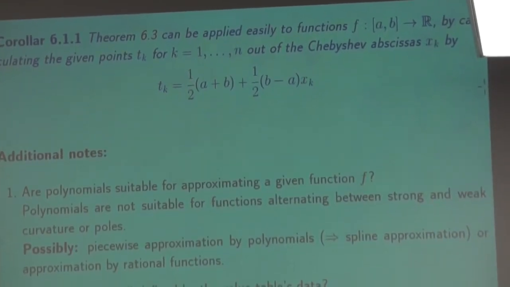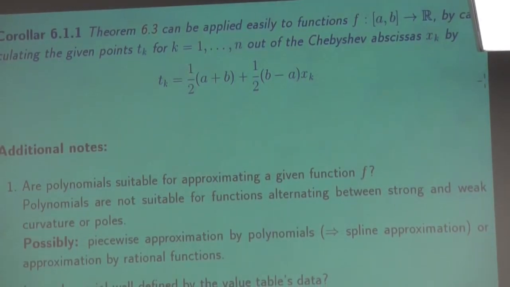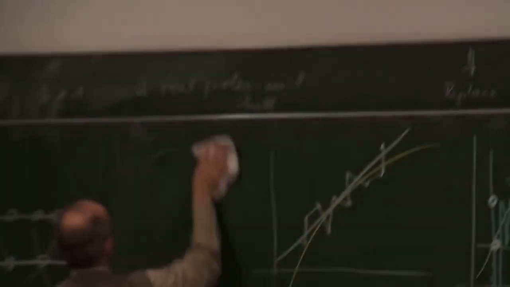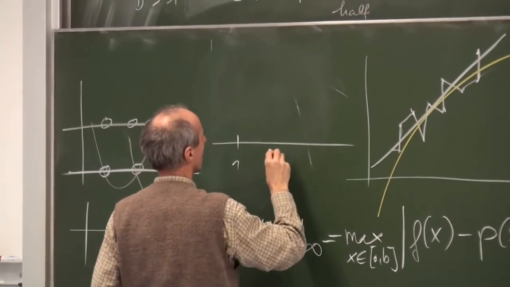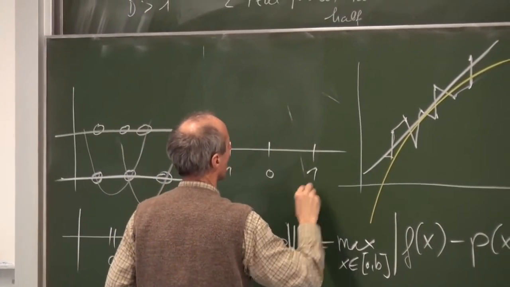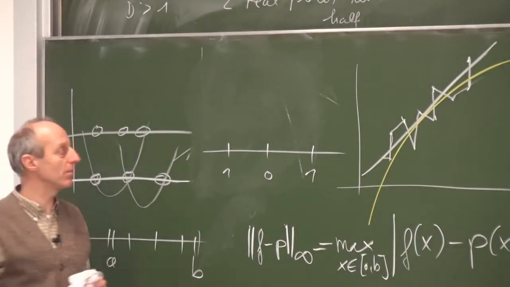I mean, this formula is nothing but a linear mapping of the interval -1, 1 onto the interval AB. That's it. So you look at this picture. We want to map this interval onto an arbitrary interval AB.